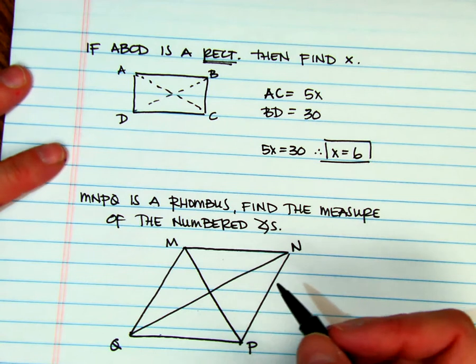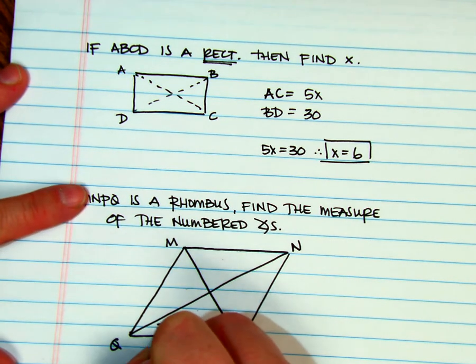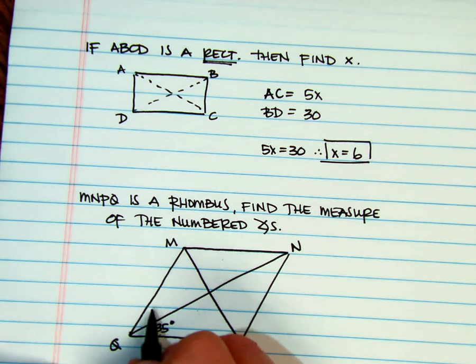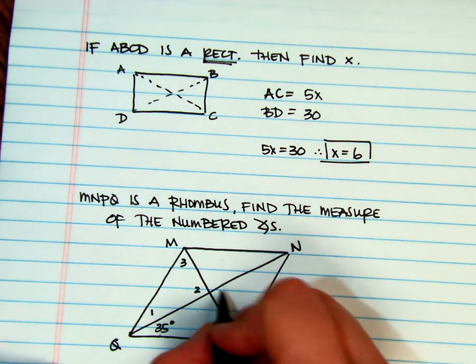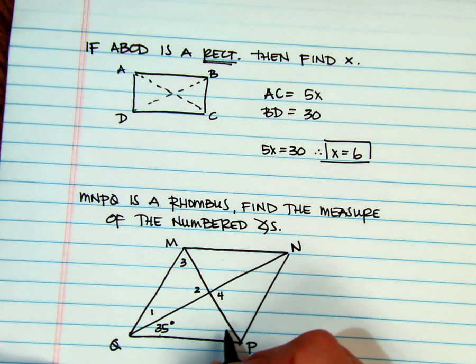So I'm going to make this one 35 degrees. So I have angle 1, angle 2, angle 3, angle 4, and we will say angle 5.